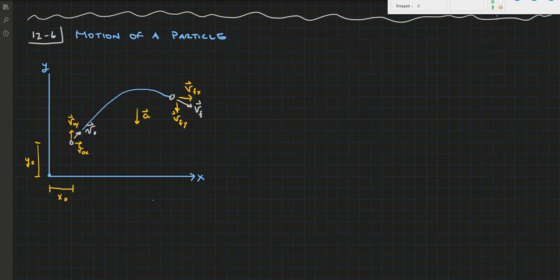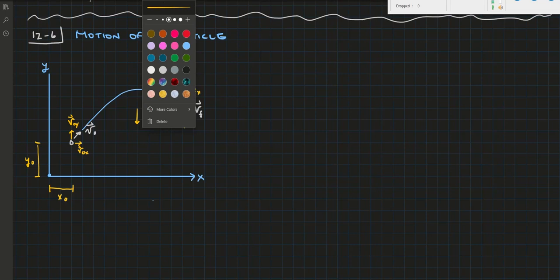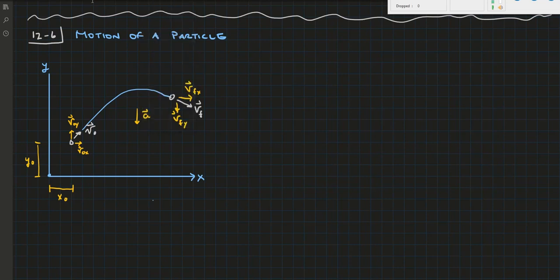So how are we going to deal with the kinematics here? Well, it's the same way that we learned earlier. We have a constant acceleration, and it's a vertical acceleration in the negative direction, but we can say then that dv dt equals a.